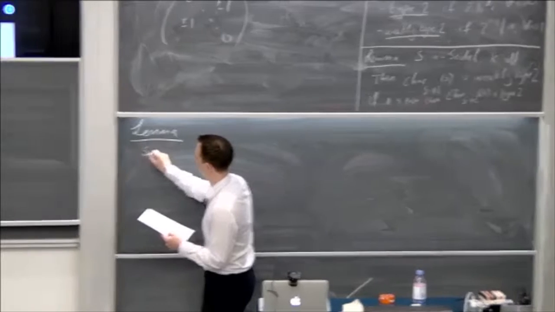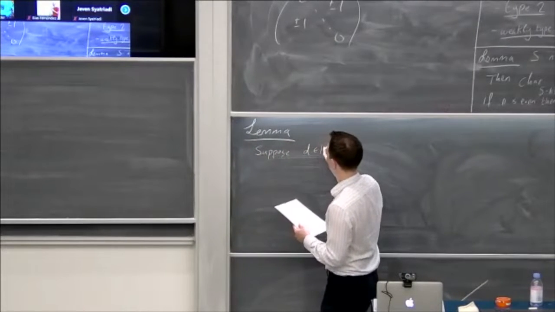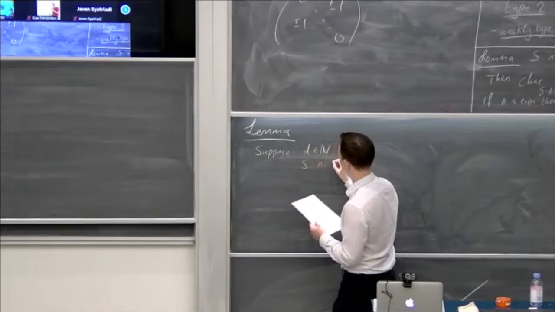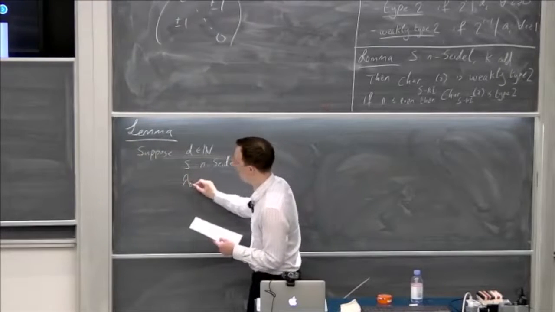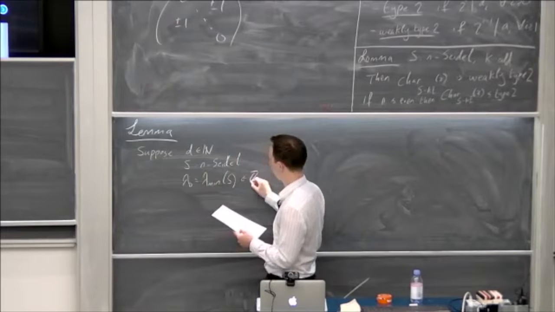First we suppose that d is some natural number and S is a Seidel matrix of order n. And lambda 0 is the smallest eigenvalue, and we're assuming it's an integer.